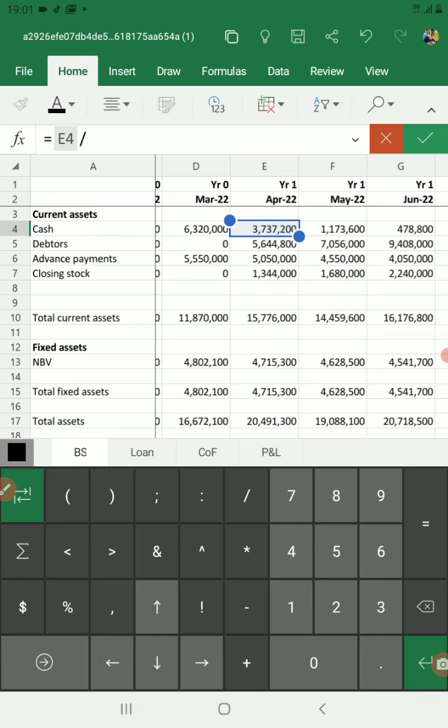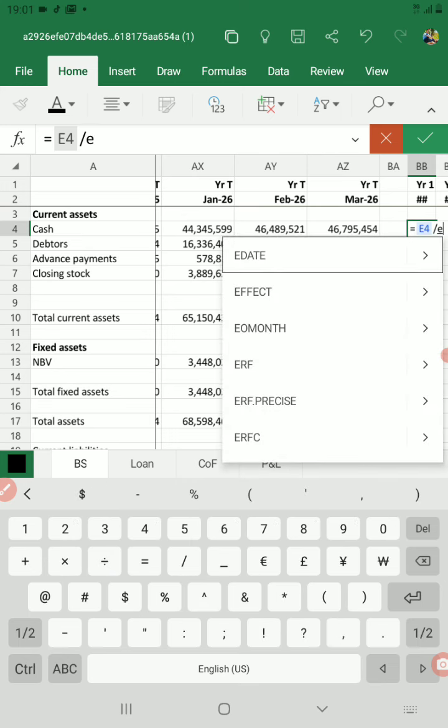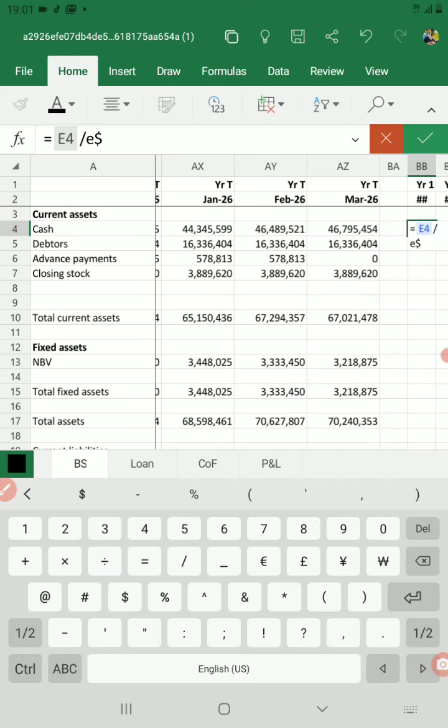But we need to lock row 17, so that when we drag this formula, it will always pick on row 17, which is the row for total assets. So we divide by E, which is relative, and then put a dollar sign and type 17 to lock row 17. Press enter.